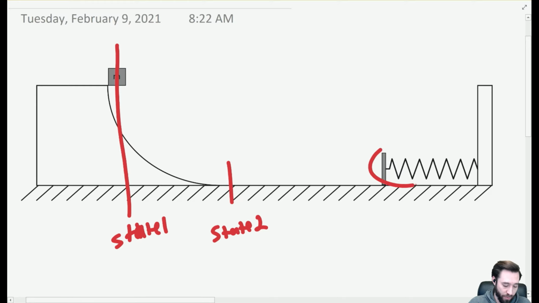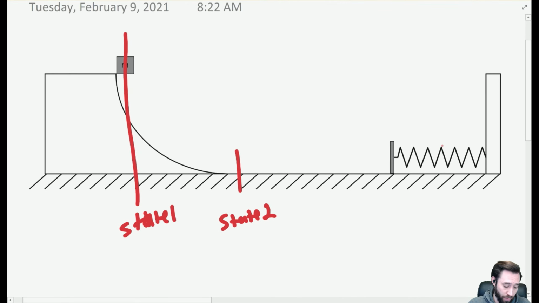The one with no opacity, fully visible, was located right here, and you saw the spring obviously compressed. This would be the delta X, and this would be the point where it would be state 3.